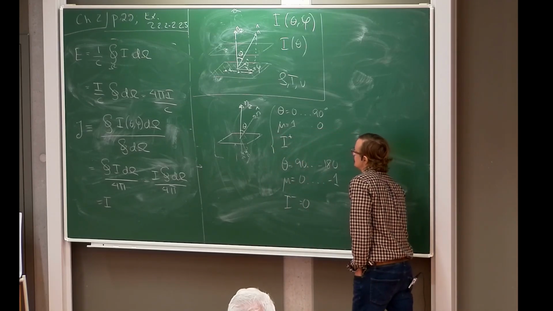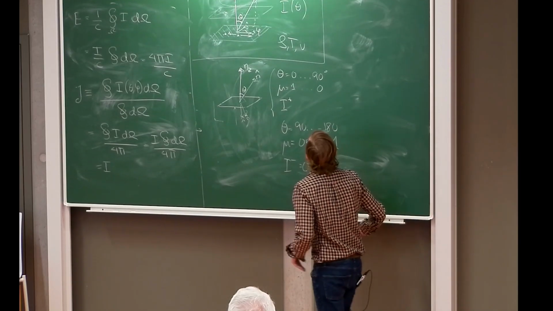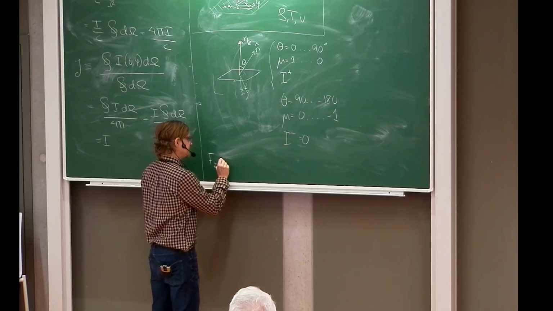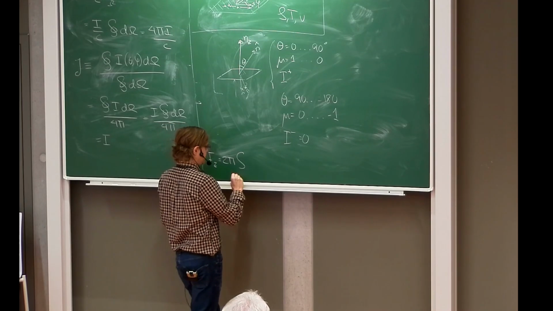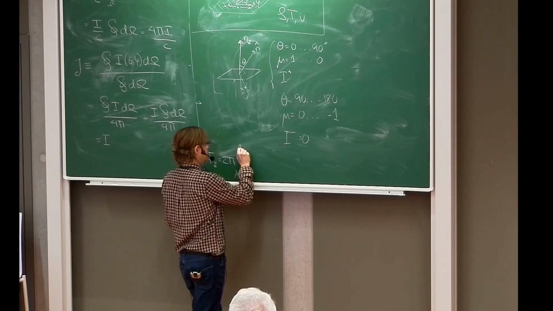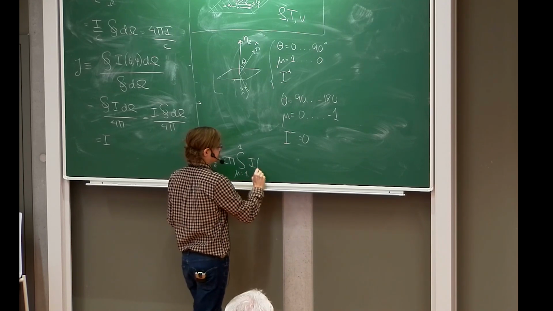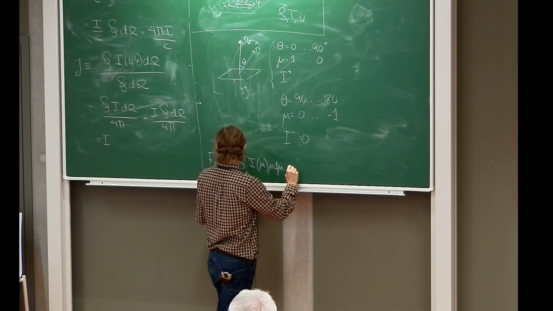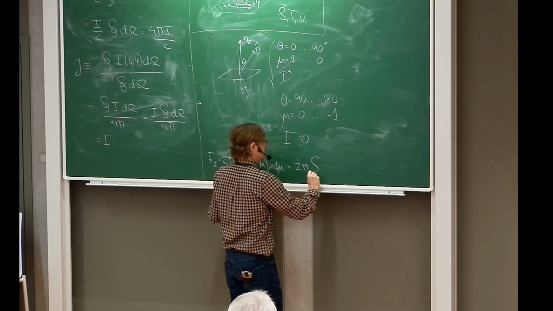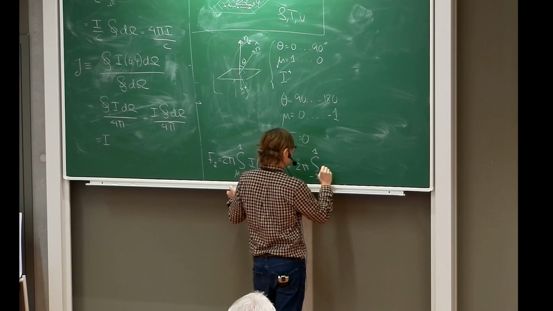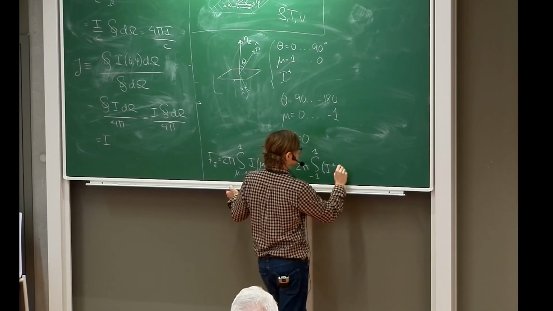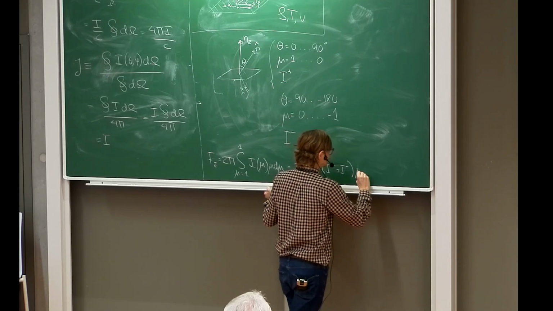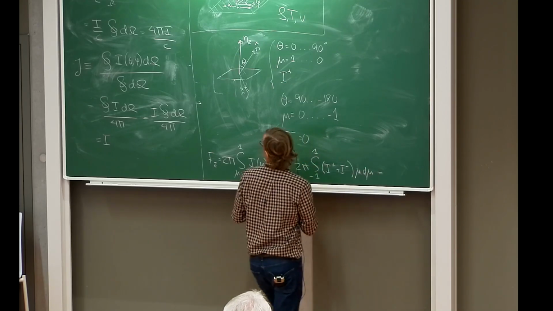Now, if we set up our flux expression, which was F equals 2 pi times the integral from -1 to 1 of I as a function of mu, times mu d mu, let's do an extra step here. That would be I plus and I minus, times mu d mu.